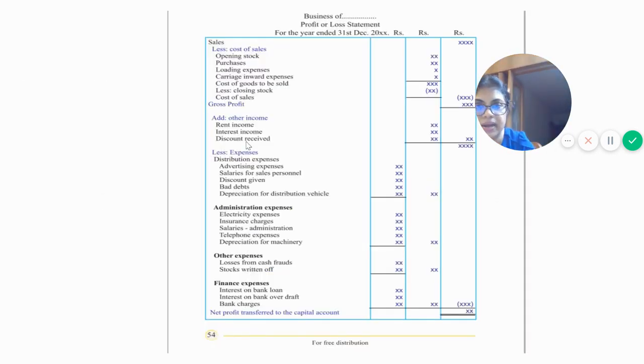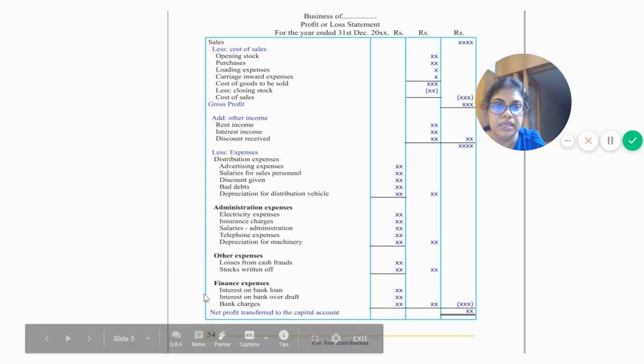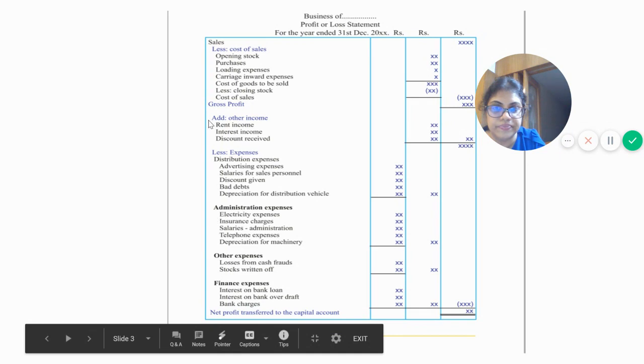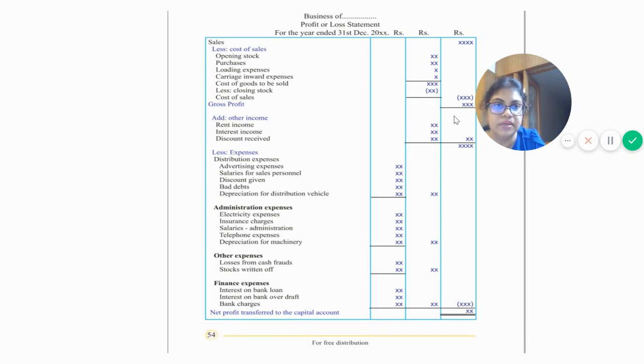This is the second part, or actually the calculation of net profit. Up to here, now you have a proper idea. Now I'm talking about how we are going to proceed from here to here. So here you will get the gross profit.